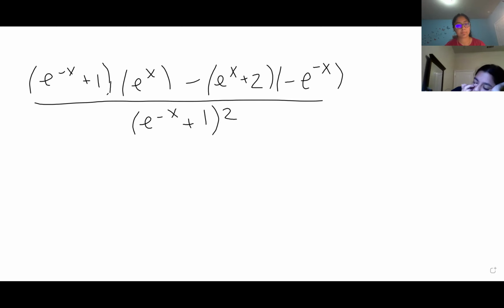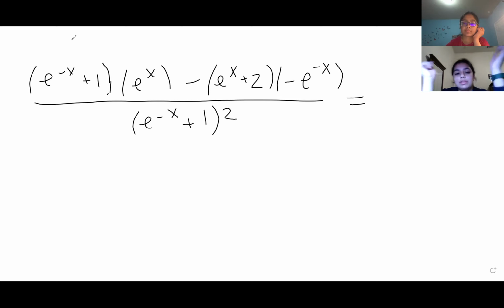Yeah. So what we're going to do to simplify is, because there's a lot of e to the x's, it's easier to distribute. So e to the negative x times e to the x is just e to the 0, which is 1, right? Why is it e to the 0? Because when you're multiplying things that have something in the exponent, you add the exponents, right?